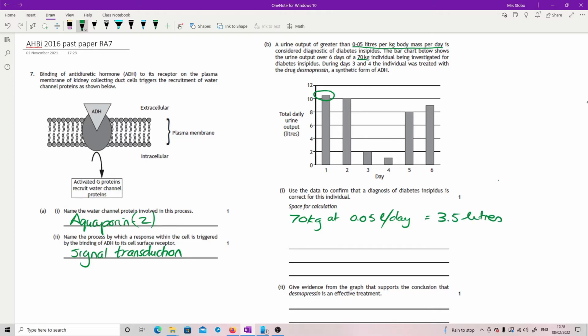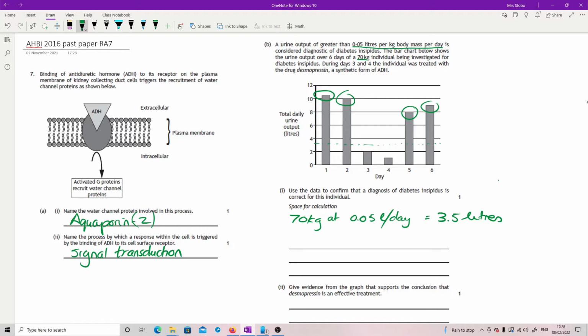That's your cutoff. Okay, so what we've got is that on the days that we're not being treated, i.e. 1, 2, 5 and 6, they were over. Here's roughly where 3.5 is. Okay, they were over 3.5 litres in the day. And that's what you're looking to see, that it was greater than that 3.5.